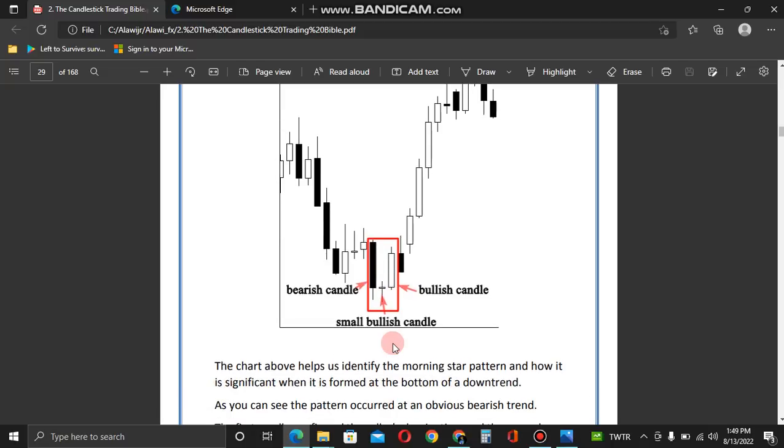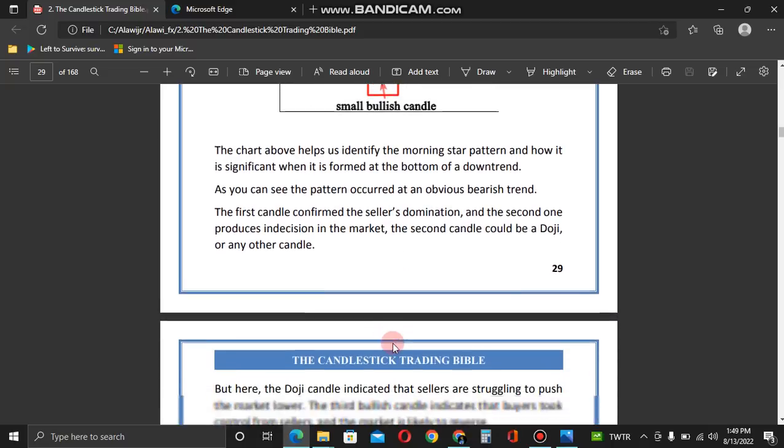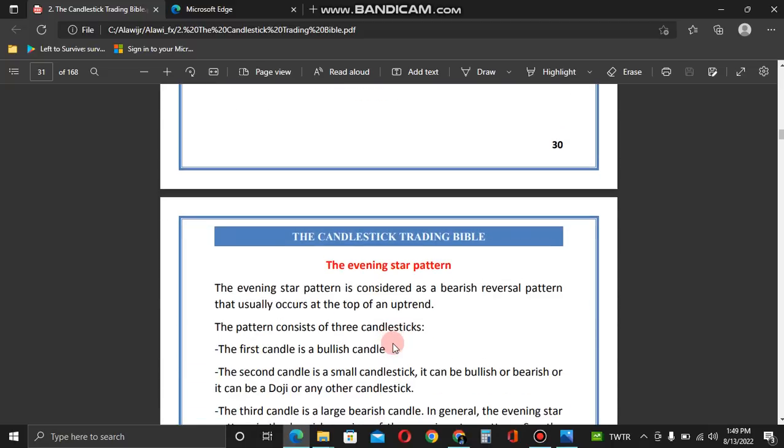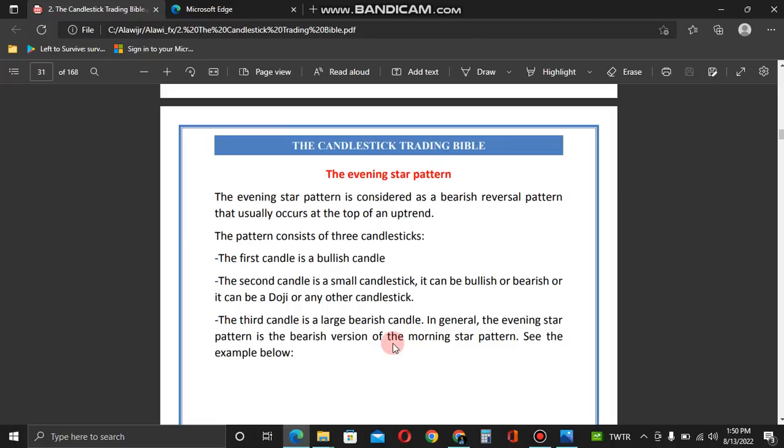So going on to another chart, here we will learn the evening star. We have the Morning Star and the evening star pattern. It says the evening star pattern is considered a bearish reversal pattern that occurs at the top of an uptrend. So this is the vice versa of a Morning Star. As we saw in the previous talk how the Morning Star looks, this is the vice versa.